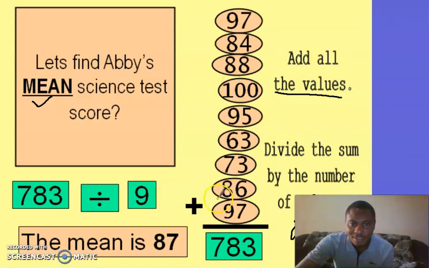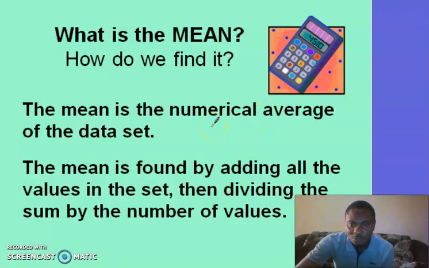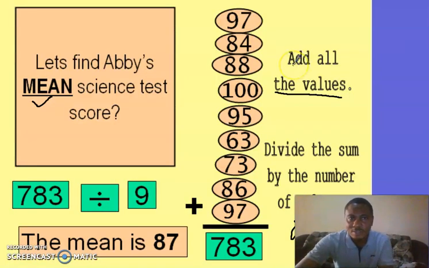Like what we did there, we added all the scores divided by the number of tests, and we got the average. So the sum of the data divided by the number of items of the data. So the mean is found by adding all the values in the set, then dividing the sum by the number of values, which is what we did when we were finding the mean of Abby's scores.